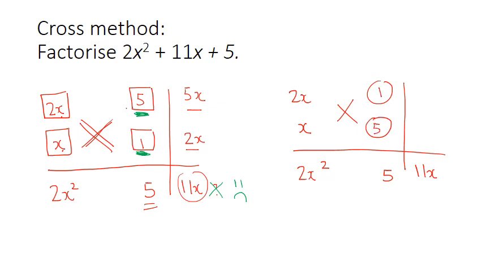Okay, now we have x times 1, that will give you positive x. 2x multiplied by 5, that will give you 10x. And if we add them together, oh yeah, we got 11x. So this is the correct answer. Therefore, to factorize the expression, we will get 2x plus 1 multiplied by x plus 5.